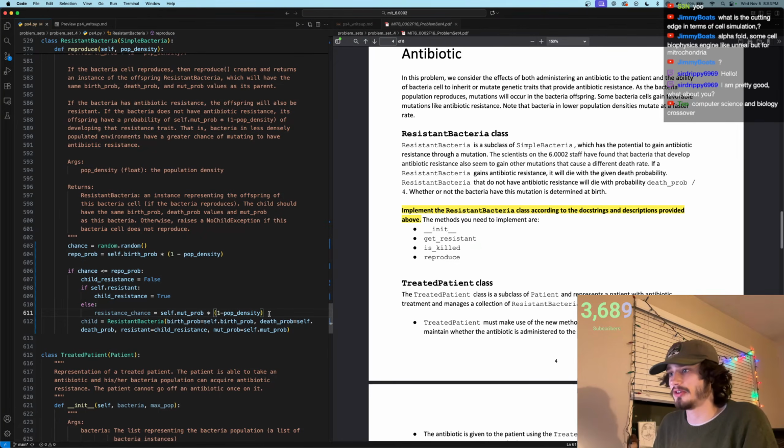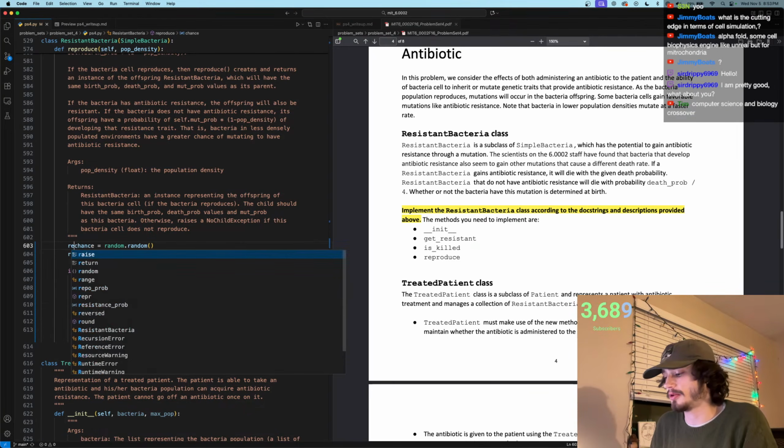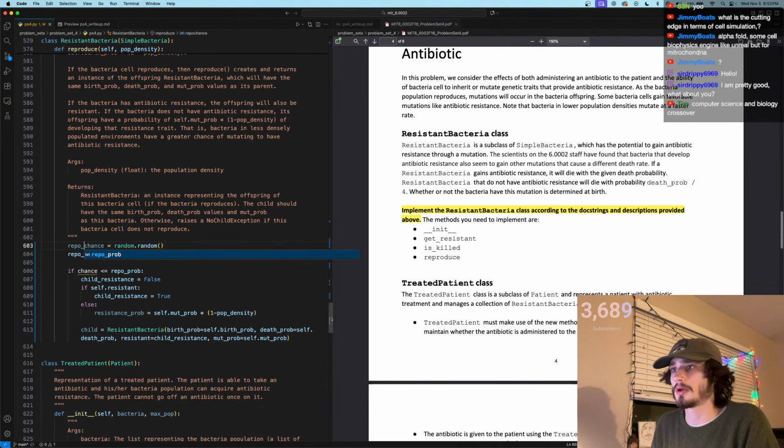And then we'll say this is resistance probability, right? And then we'll call this repo chance, reproduction chance.